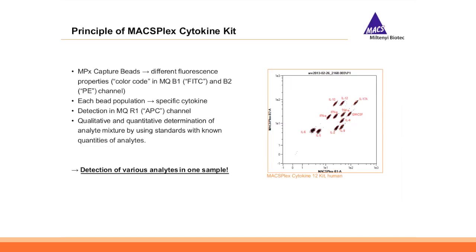And here I show you a dot plot as an example of our MACSPlex Cytokine 12 Kit human. You see the MACSPlex B1 channel and the MACSPlex B2 channel, and you see in the plot the 12 different bead populations. And I also highlighted the different analytes that are detected by the different bead populations.